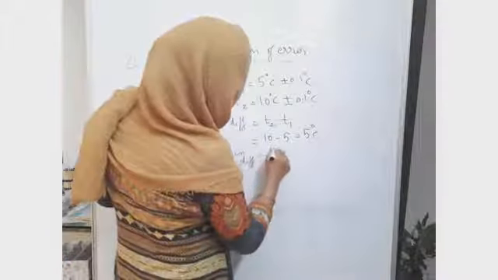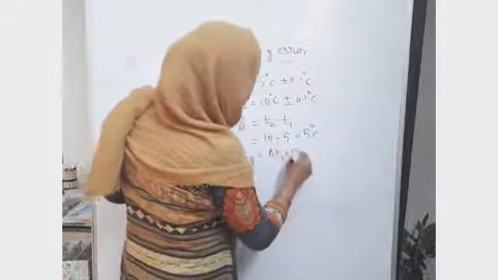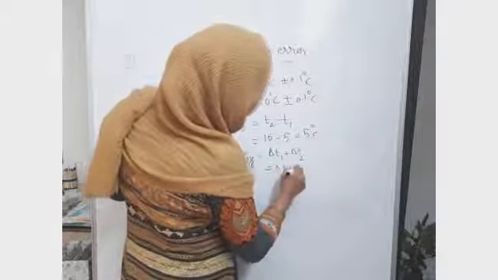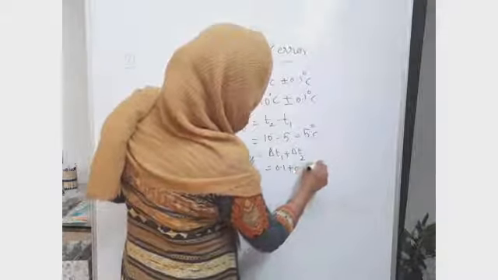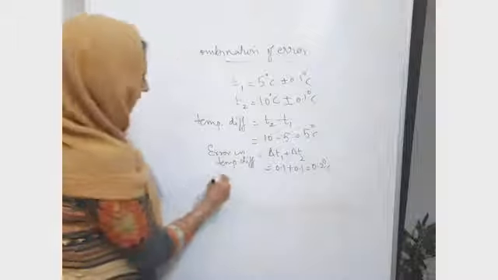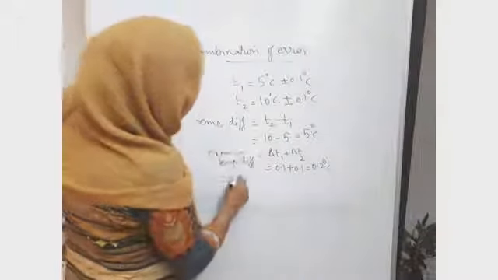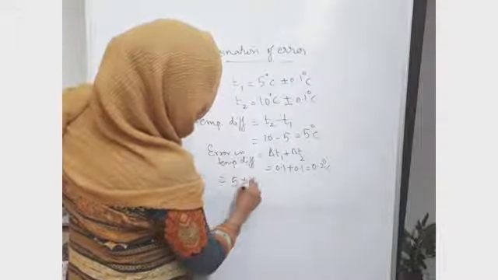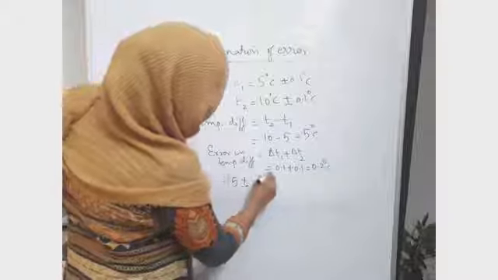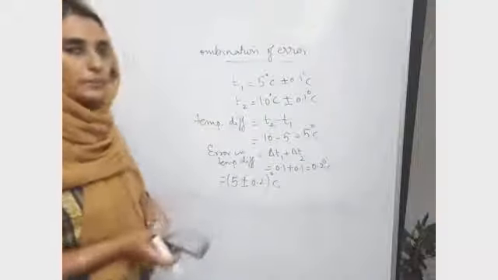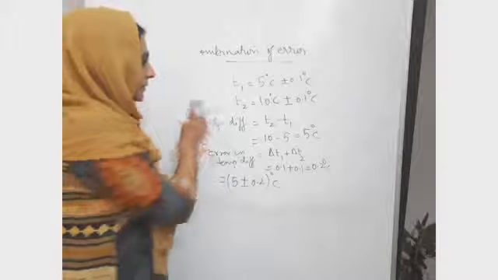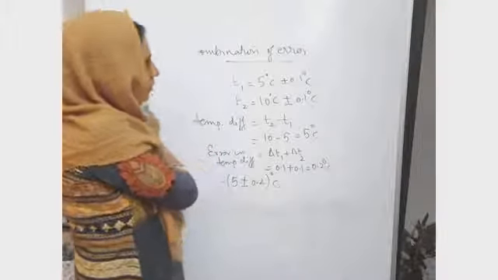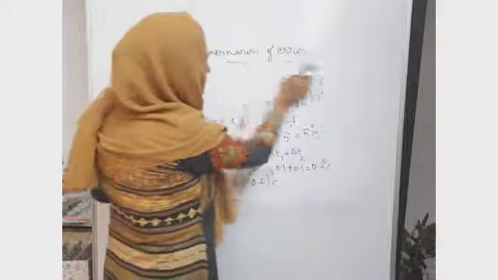Then it will be delta T1 plus delta T2, which is equal to 0.1 plus 0.1, which is equal to 0.2 degrees Celsius. So the final result is 5 plus or minus 0.2 degrees Celsius. So this is how you represent the addition or subtraction of a quantity as a combination of error.